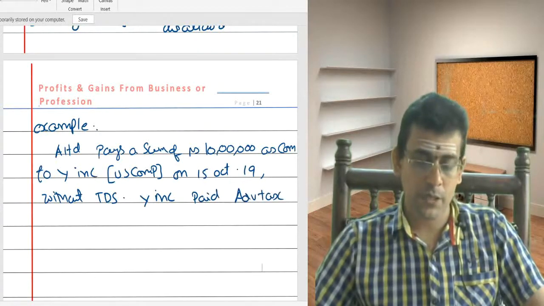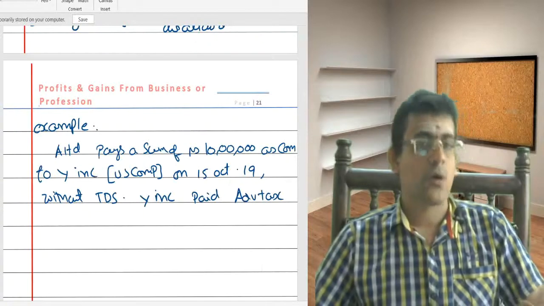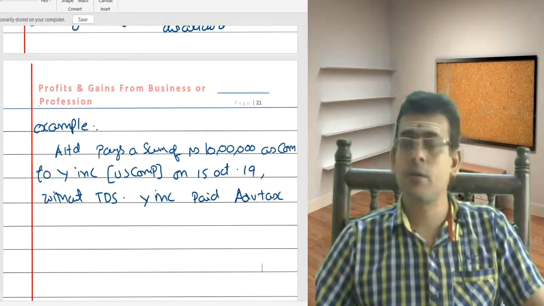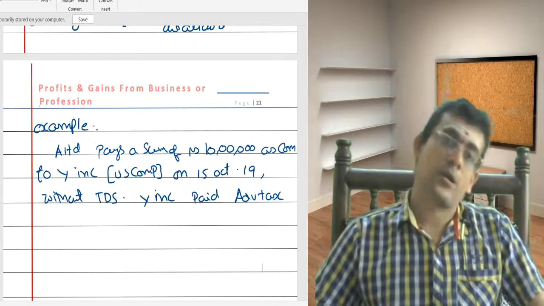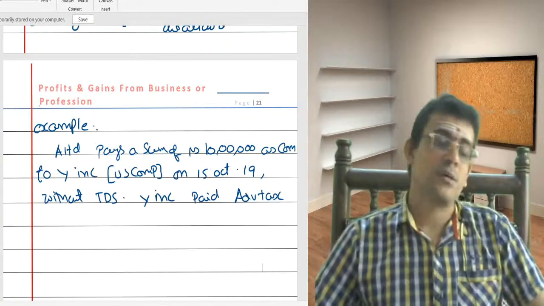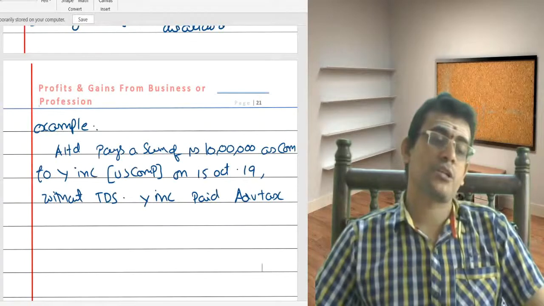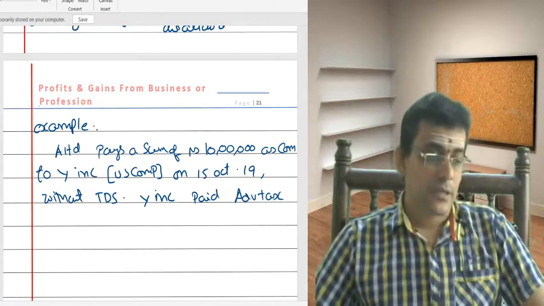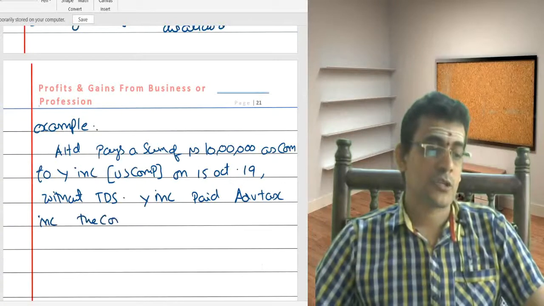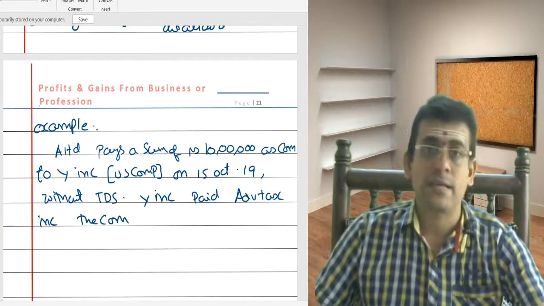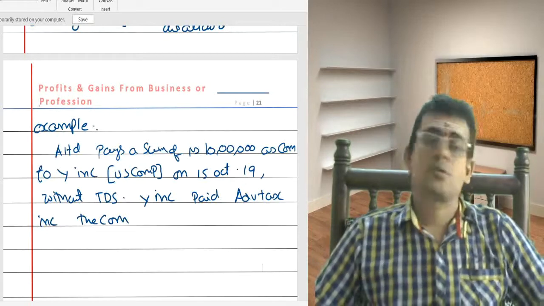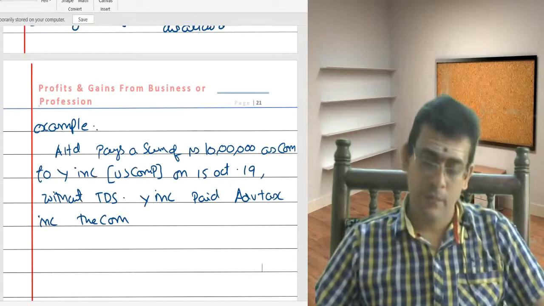Y Incorporation paid advance tax on the due date. Whatever date you need to pay advance tax, we'll discuss when we get to section 210. There we'll discuss all this. So Y Incorporation paid advance tax including the commission income.